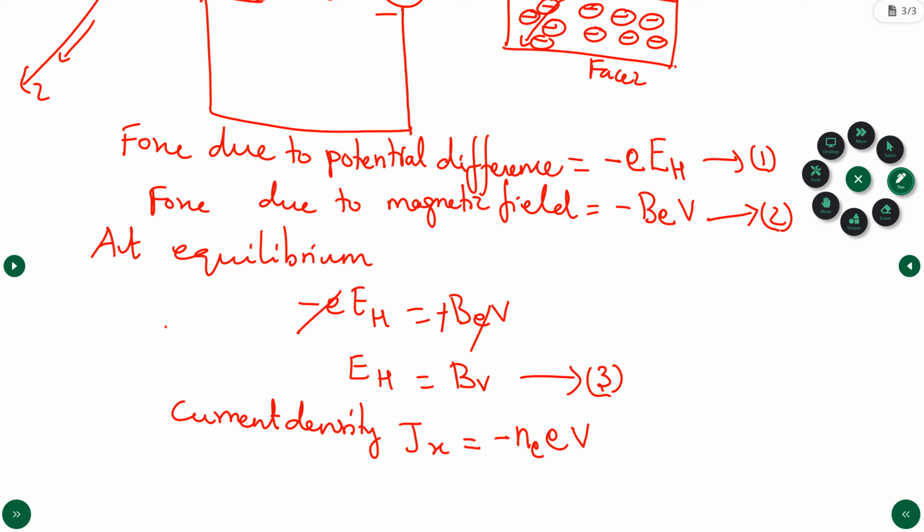So what will you get? EH is equal to minus B into Jx by Ne. So the Hall field is given by EH is equal to minus B into Jx by Ne.